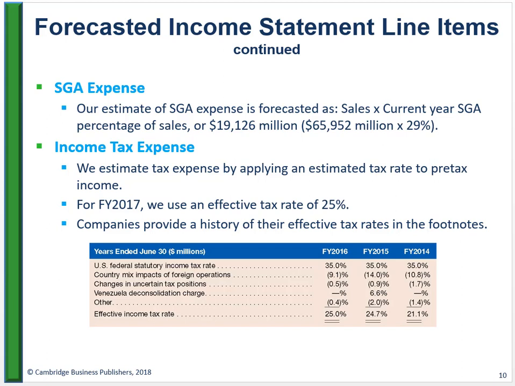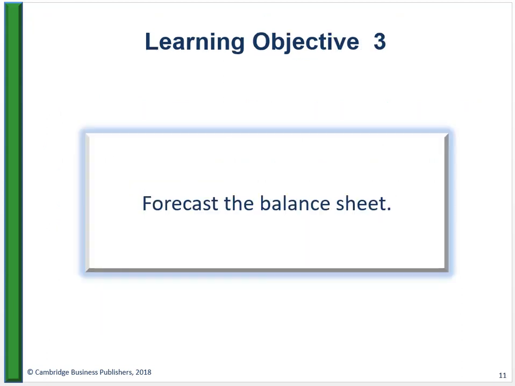Looking at fiscal year 14, 15, and 16, you can see that the effective tax rate went from 21 to 24 to 25, and in forecasting 2017, our analyst here didn't see any reason to deviate from last year's effective income tax, and that's a just fine way of forecasting that particular line item.